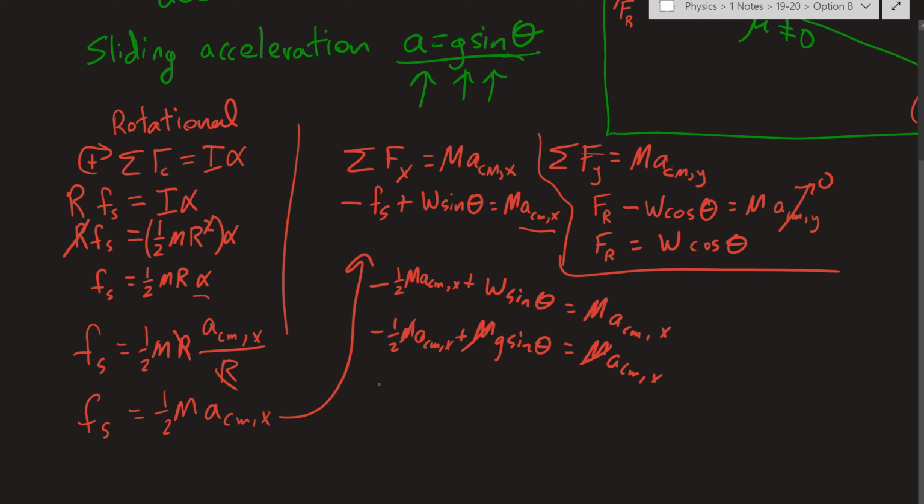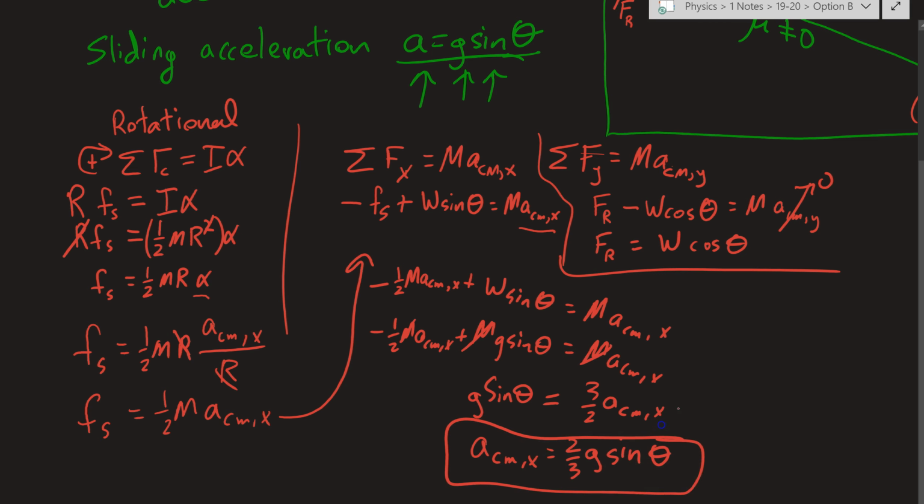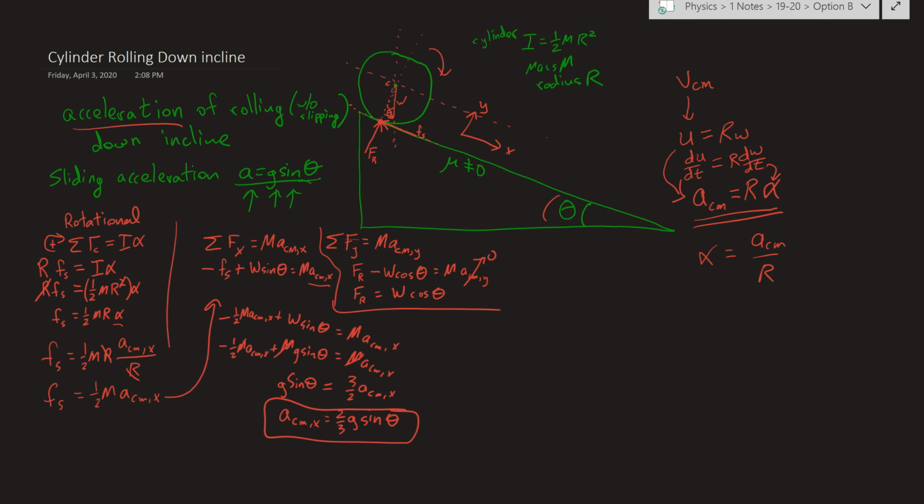M's cancel from everything. This becomes 3/2 a center of mass in the x equals g sine theta, and so a center of mass in the x becomes 2/3 g sine theta, which is smaller than g sine theta of a thing just sliding down a ramp. And the only thing that's different if this shape is different is you just plug in a different moment of inertia.